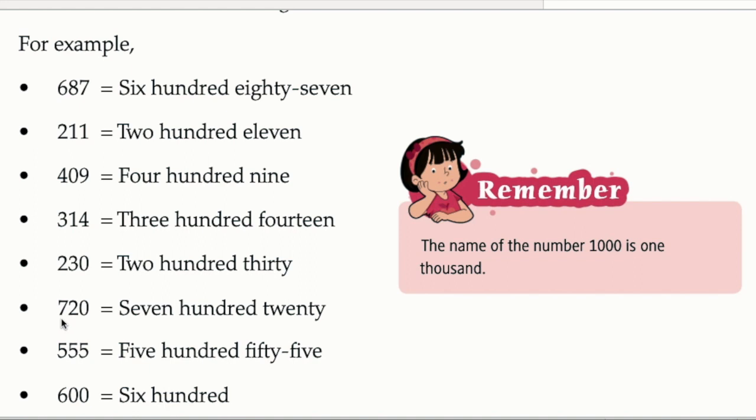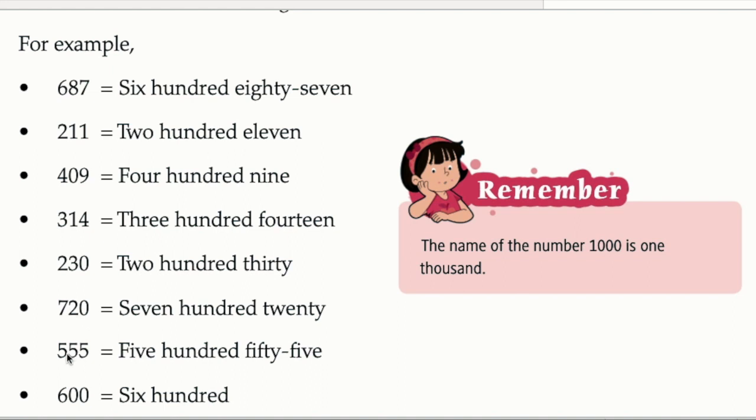Next we have 720. The number 7 is in hundreds place, so we are writing SEVEN HUNDRED. After 700 we have 20, so we are writing it as TWENTY.